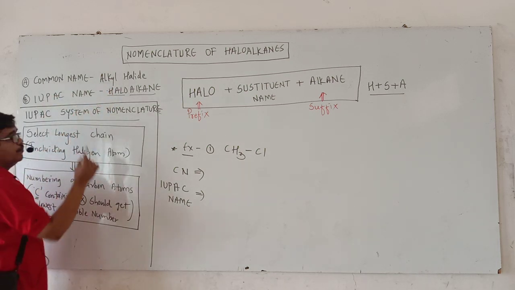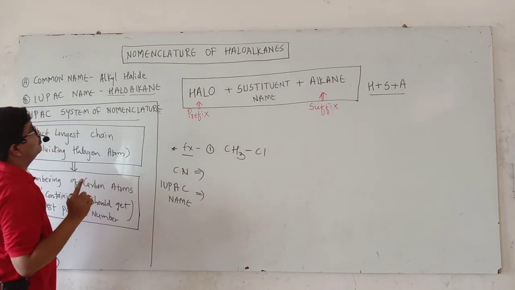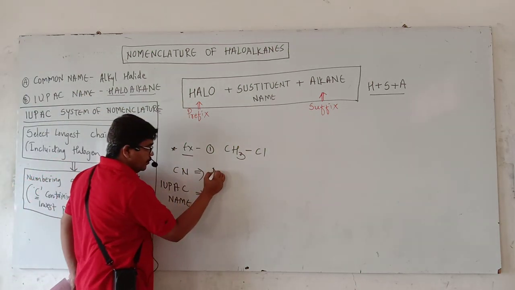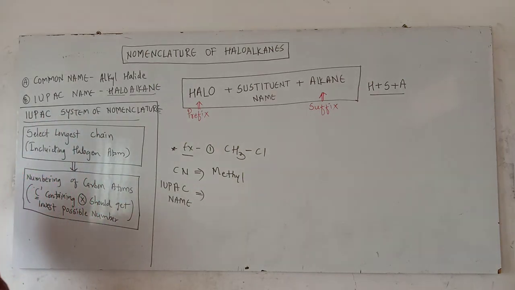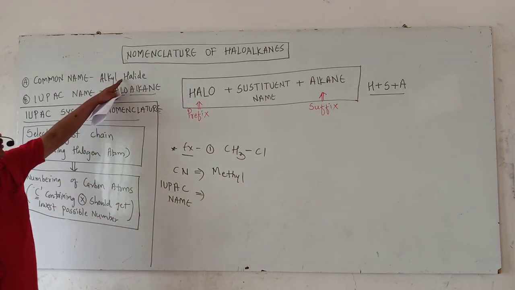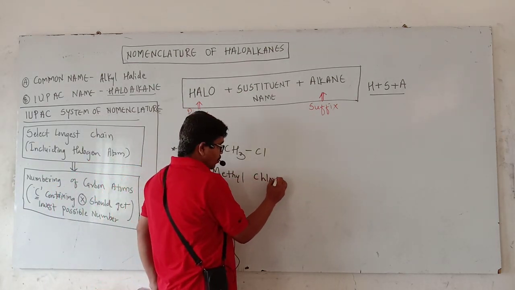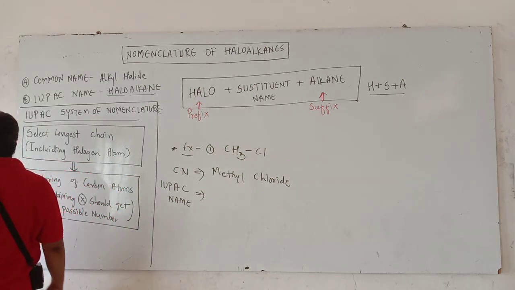Here how many carbons are there? Only one carbon atom, so the alkyl will be methyl. Methane becomes methyl. And which is the halide here? Cl, so it will be chloride. So the common name will be methyl chloride.